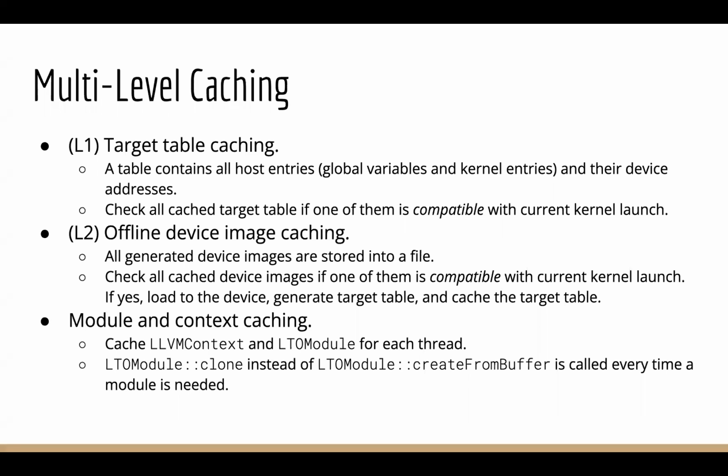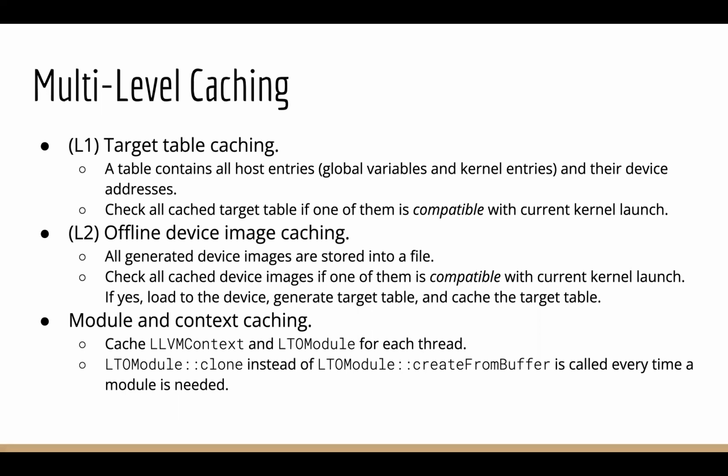But if the target table cache misses, we come to the next level of caching. It is the device image caching, because at each program run, we JIT the device image, and at the end of the program, we store all the generated device images into a file.